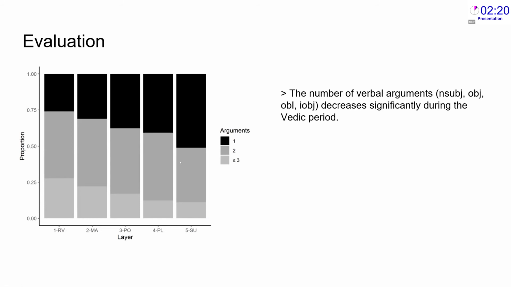So this means that at least parts of the changes in word order may probably be explained by changes in the argument frames of verbs. I think this is a fact that has not been considered sufficiently so far in research.